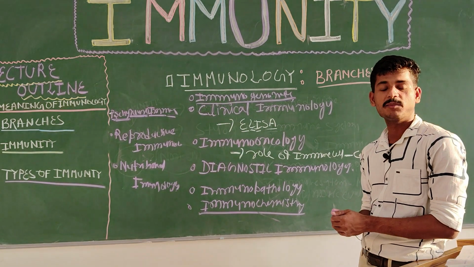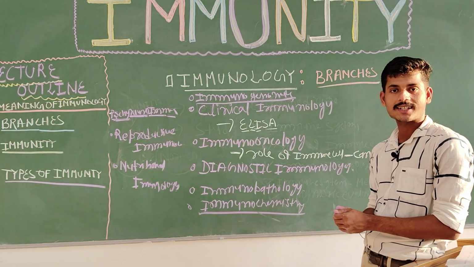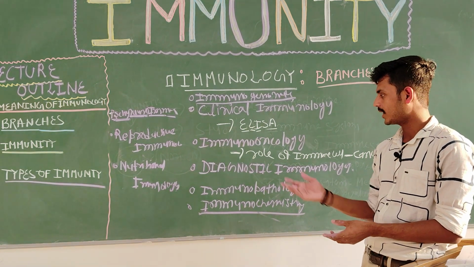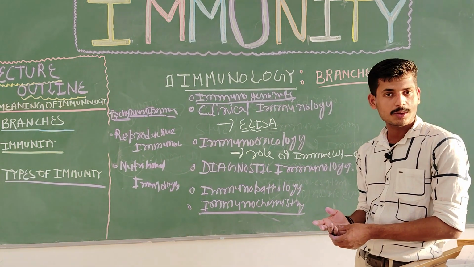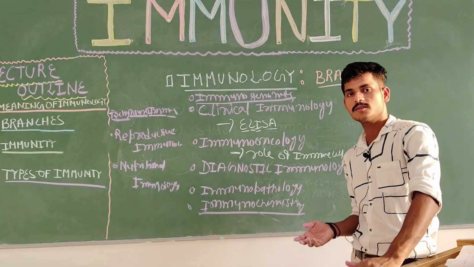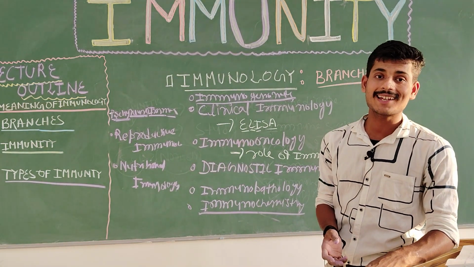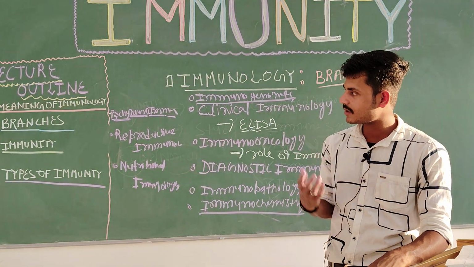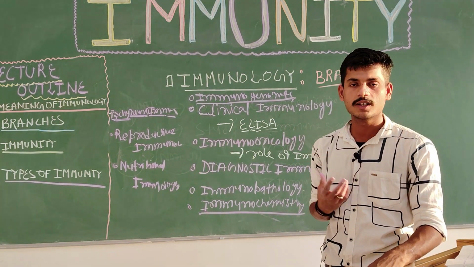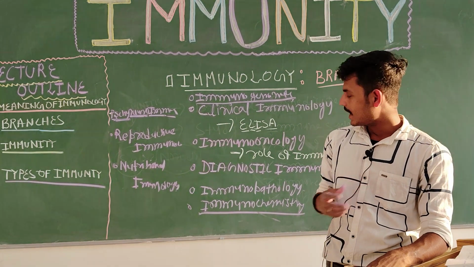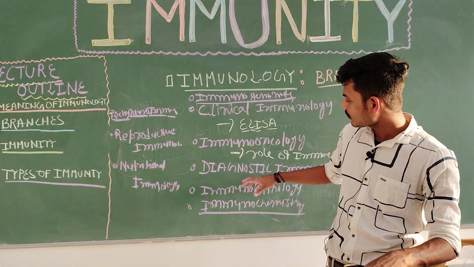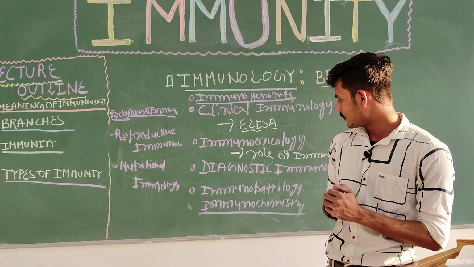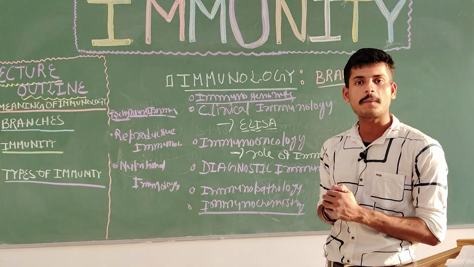Another branch is immuno-oncology, which deals with the role of the immune system in cancer. Another is diagnostic immunology, where we utilize the principles and mechanisms of immunity to diagnose diseases.